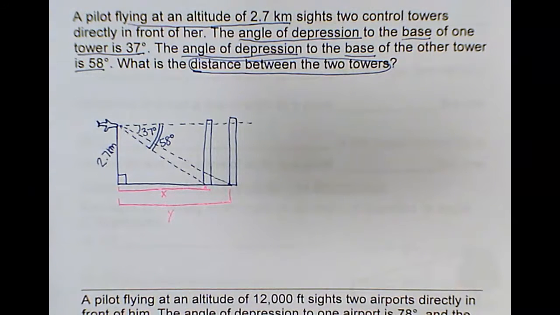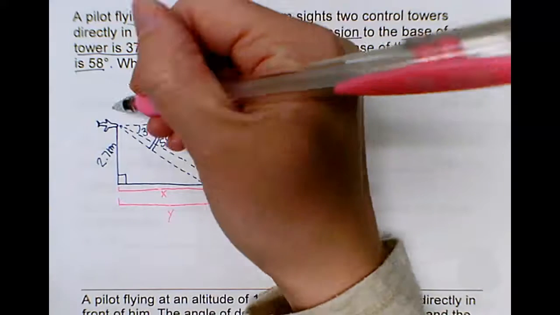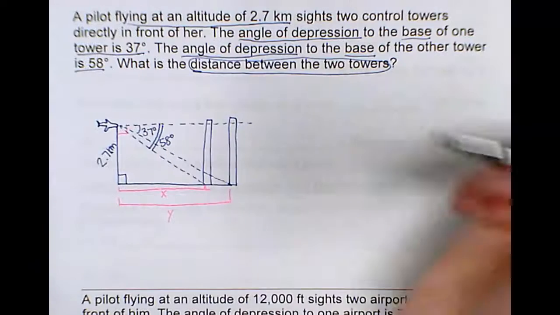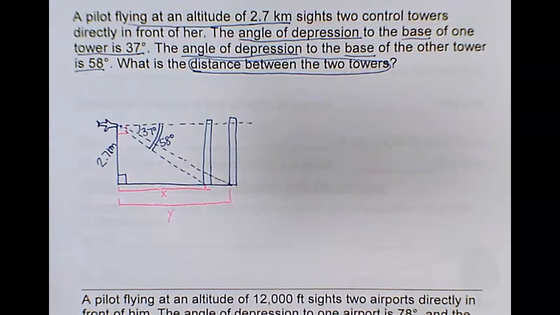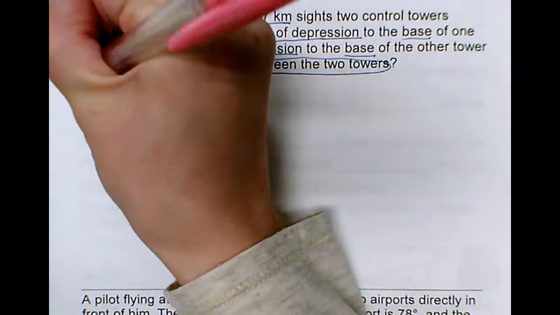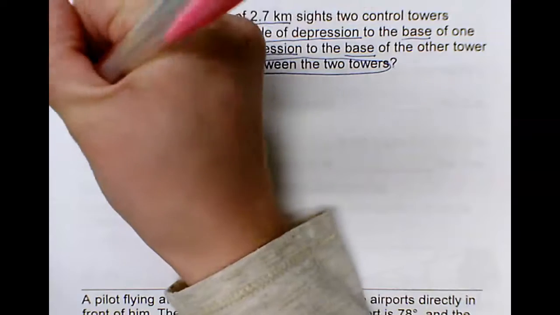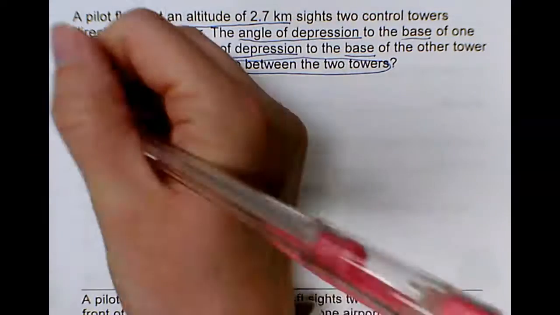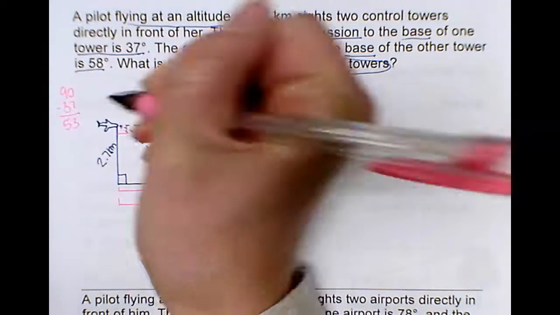And I need to take a moment to label my angles that are in my right triangle. So remember that we've got a 90-degree angle here. If I take 90 and I subtract 37, then I'm going to end up with a 53-degree angle.